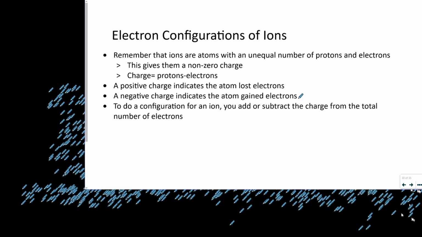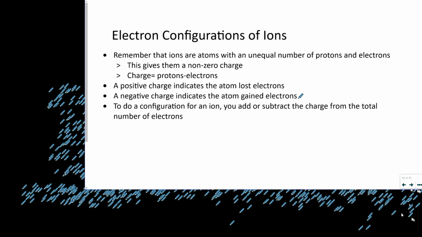So remember, the charge is equal to the number of protons minus the number of electrons. If there's a positive charge, it means that the ion lost electrons, therefore there's more protons. If we have a negative charge, that means that the atom gained electrons and there's more electrons than protons.